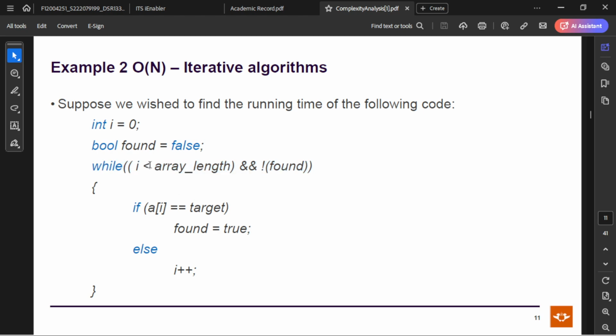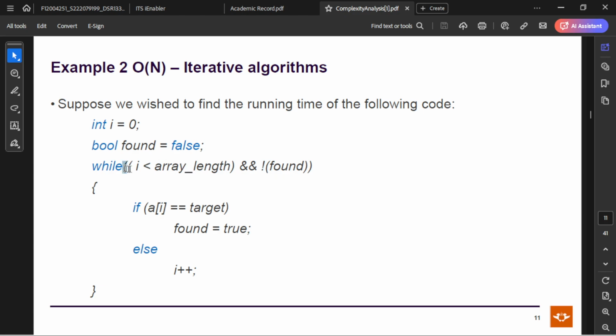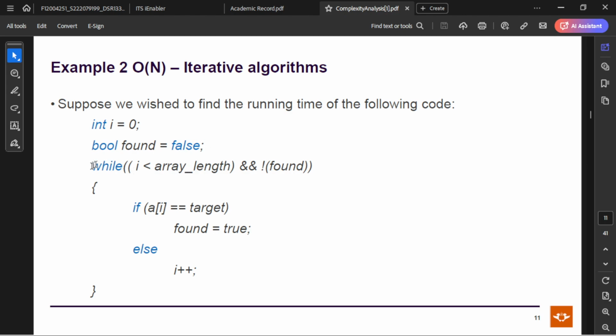We have the less than, 1, we have the and, 2, and then we have the not, which is 3, right? Funny enough, these conditions will be called n times. Why? Because it's a while loop, right? Hence, it's supposed to be what? 3n over here, right?